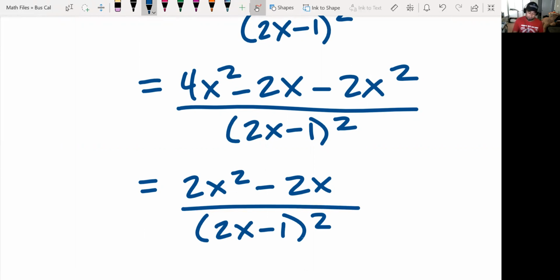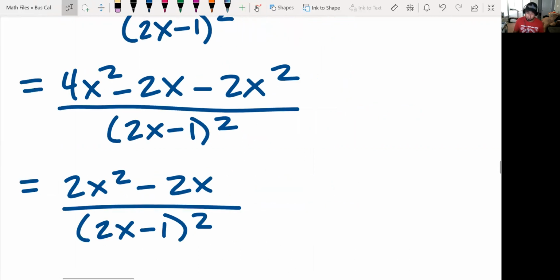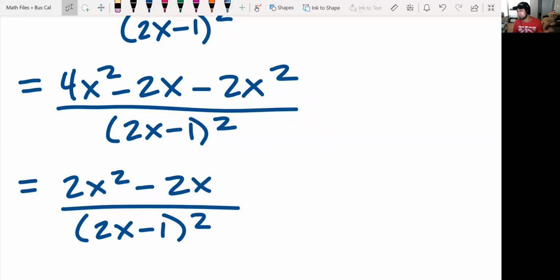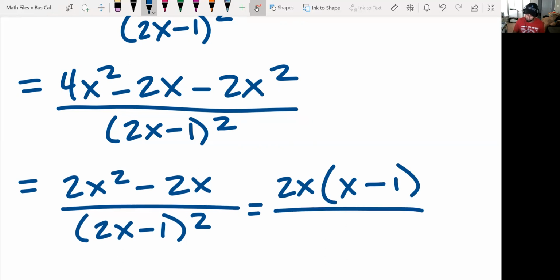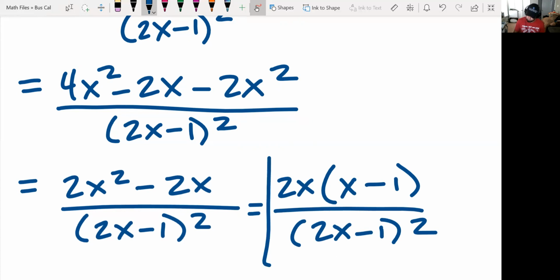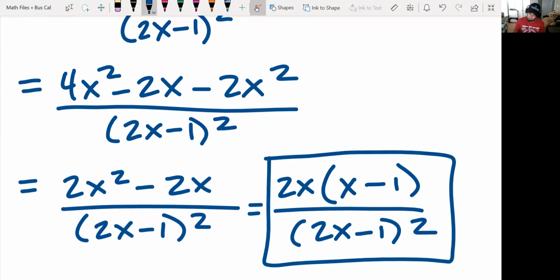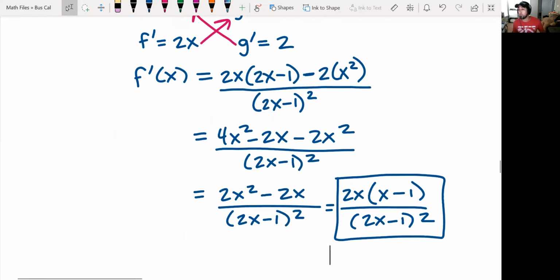Now, I would say this is done, but it is too easy to see that there is a common factor of 2x in the numerator. So you can take that out, and you would get 2x times x minus 1 over 2x minus 1 squared. And now it's done. Nowhere else we can go with that.